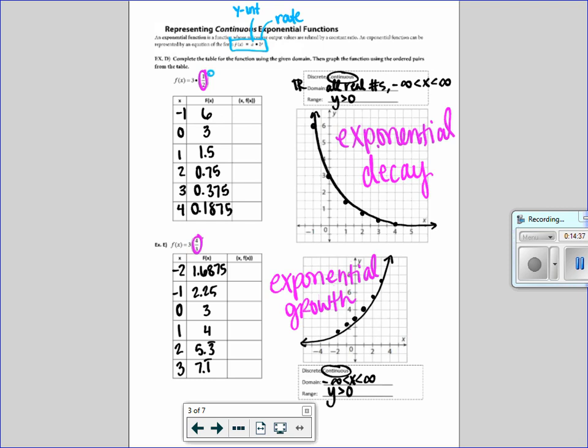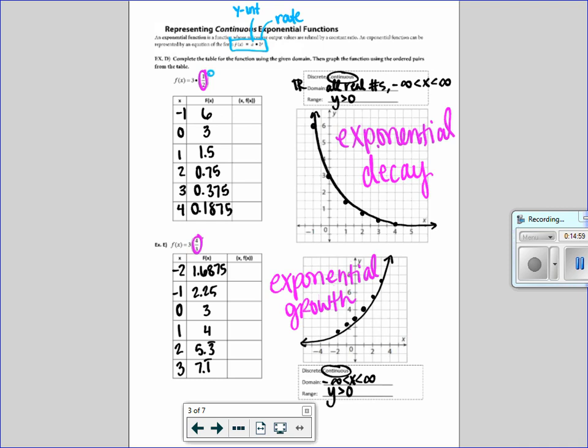If it is less than 1, it's going to decay. If it's greater than 1, it's going to grow. That rate is always going to be positive, though, because if it was negative, your graph would be going up and down all over the place. So it's always going to be positive. It's just if it's less than 1 positive, it's going to decay. If it's more than 1 positive, it's going to grow.